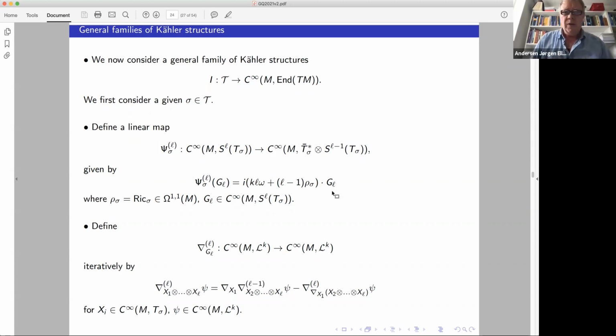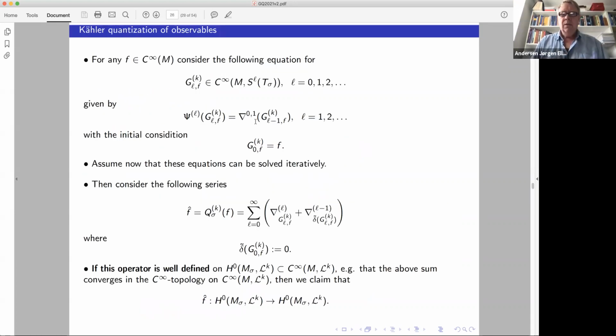Okay, so you solve the system here. And then you define f hat to be this operator here. So this is an infinite sum of higher and higher order operators. So I am proposing this as the operator in geometric quantization, which replaces our usual pre-quantum operators.